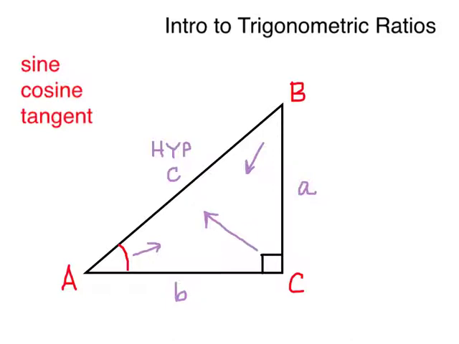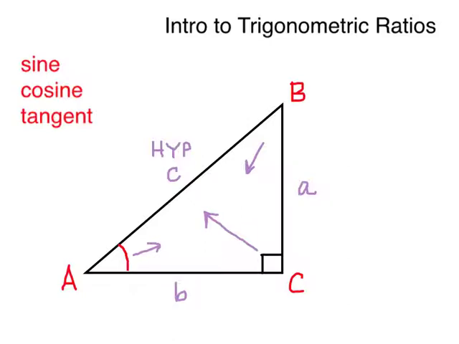The legs of the right triangle, which are the two that make kind of the L shape around the right angle, the legs are going to always be labeled when we're doing these trigonometric ratios as either opposite or adjacent. And opposite and adjacent can change depending on which perspective you're looking from.